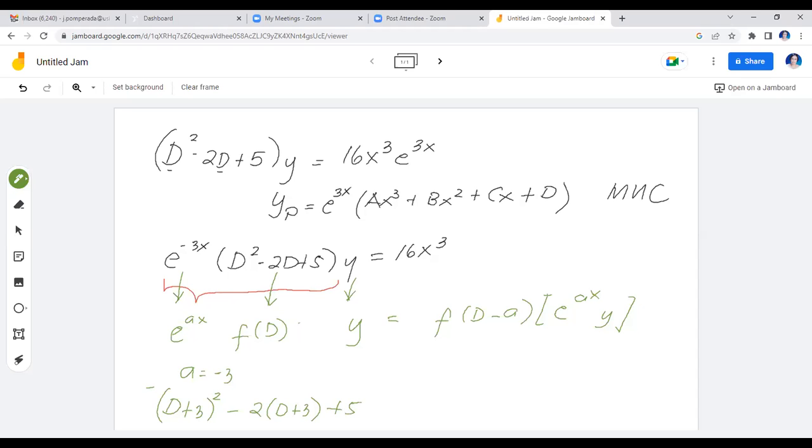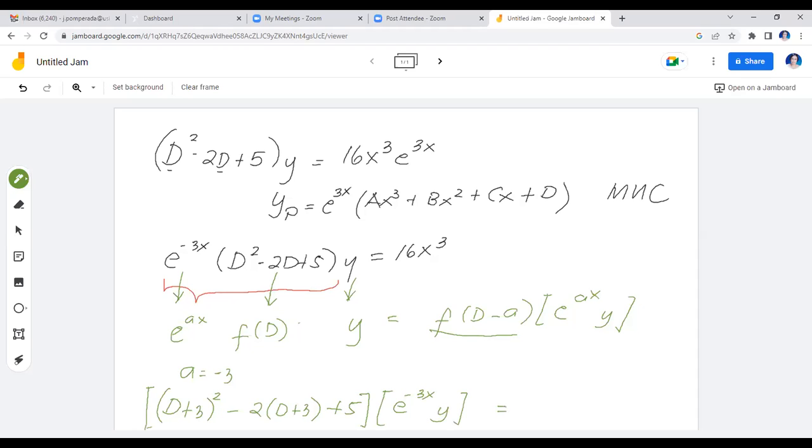Now this expression that I have done is equivalent to f of d minus a. Your new unknown function, the hybrid, would be e raised to negative 3x times y. So this is your unknown function hybrid.